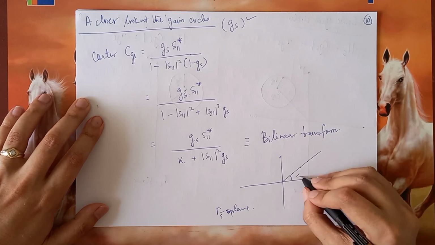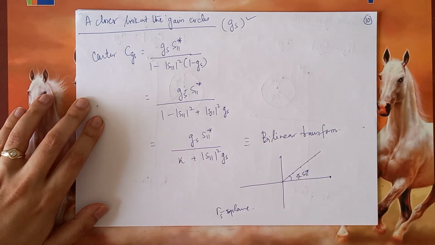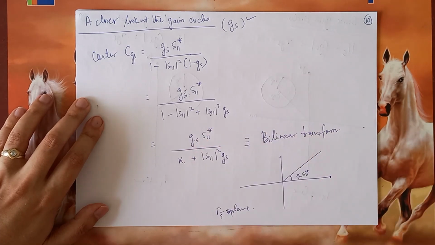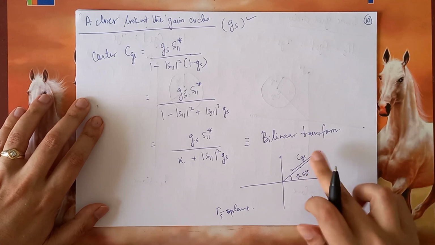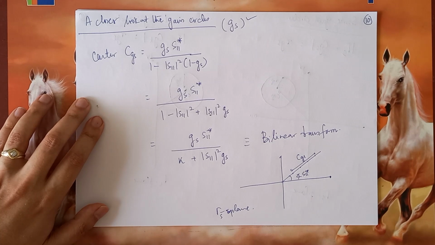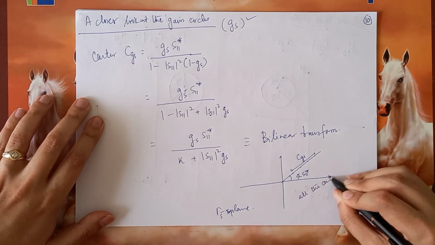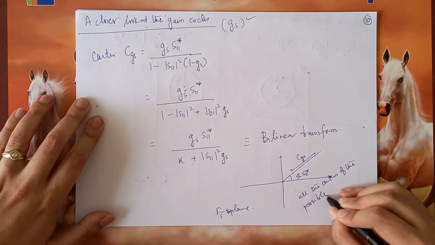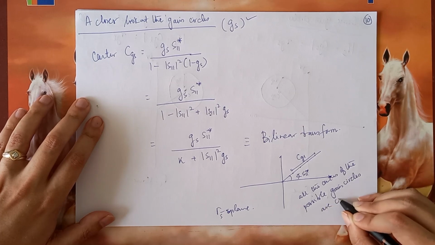This angle is nothing but the phase of the S11 conjugate. All other terms are real. So for different values of G_S, the centers of the gain circles lie on a single straight line. All the centers of the possible gain circles are collinear.